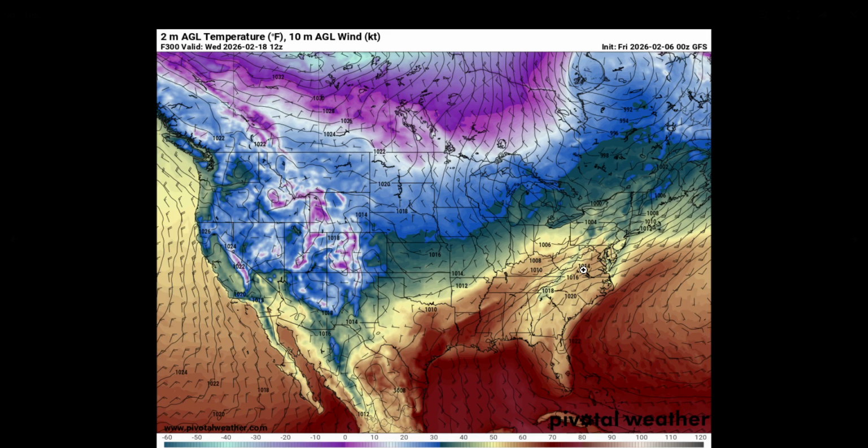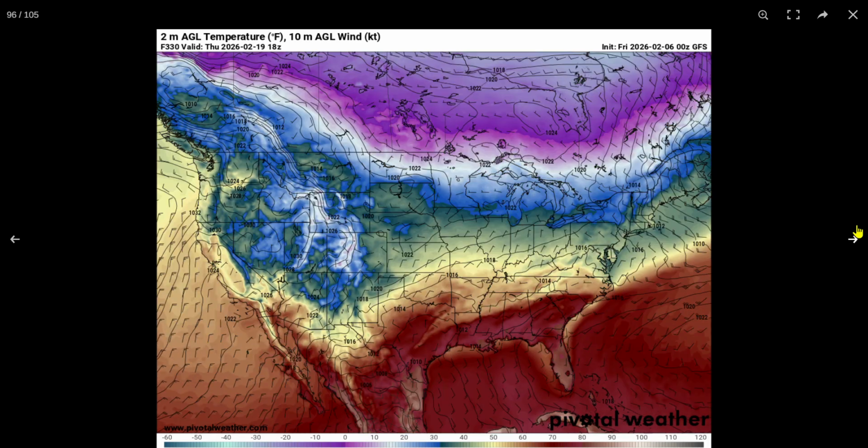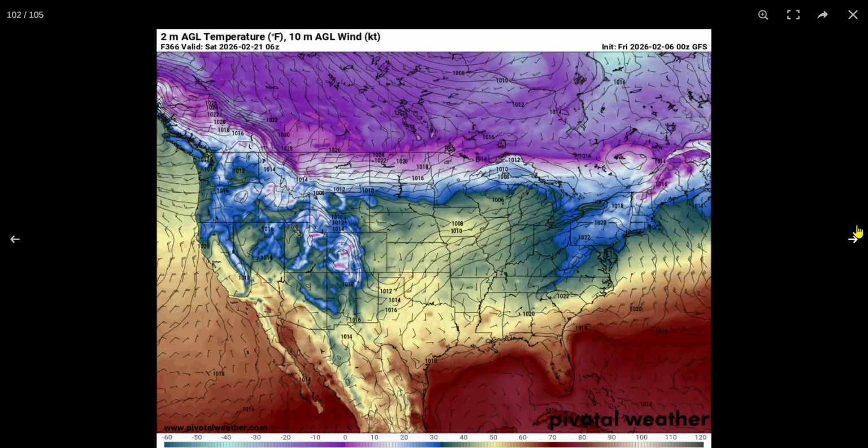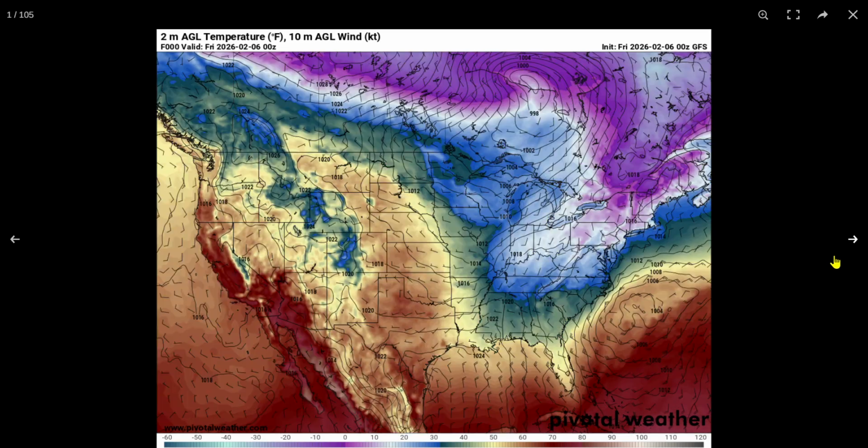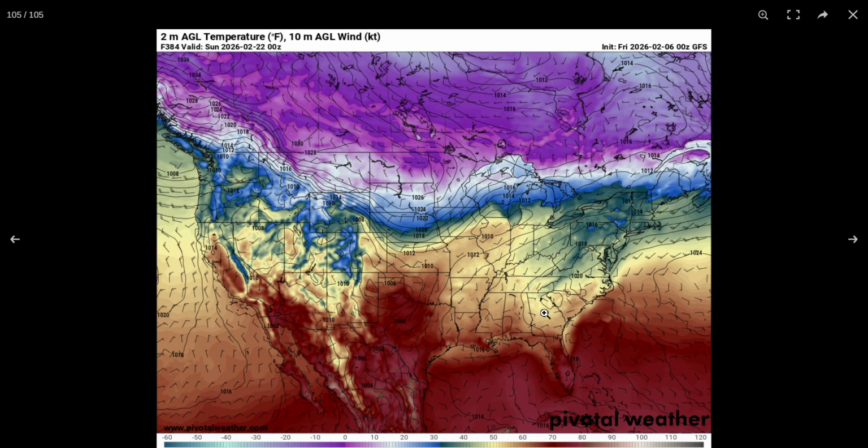It's really trying to get this warm air north. And then we can kind of see the cold trying to move south again. However, this southerly flow is kind of preventing that. Although we do have a little bit of northerly flow, and then that's when the model run ends.